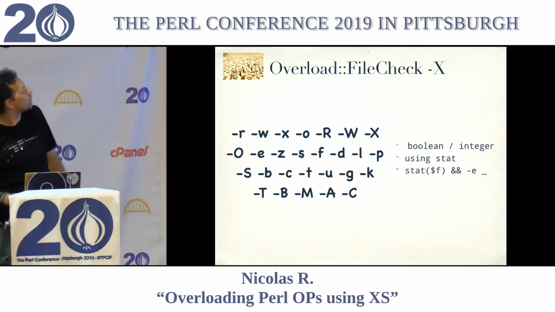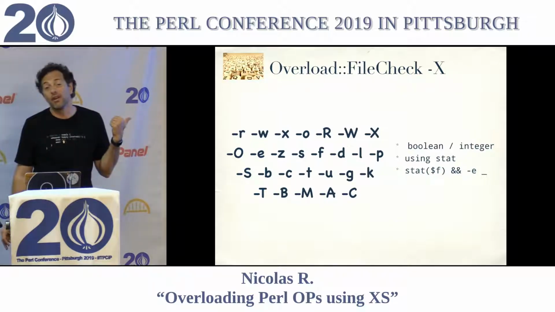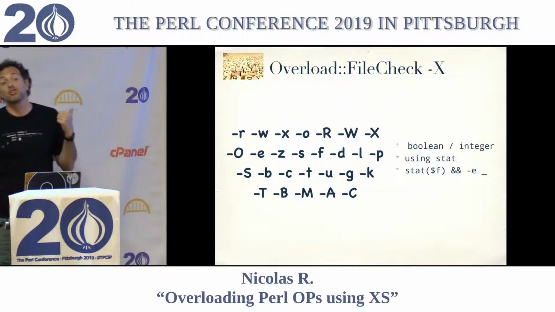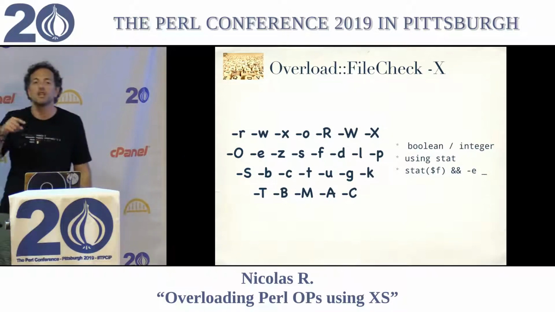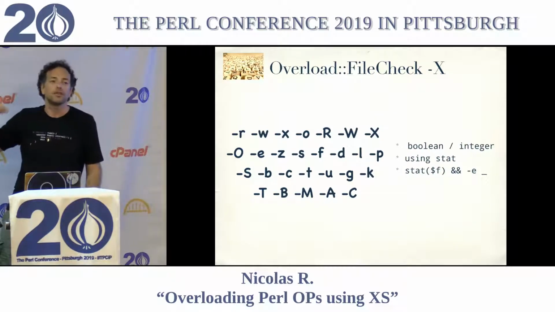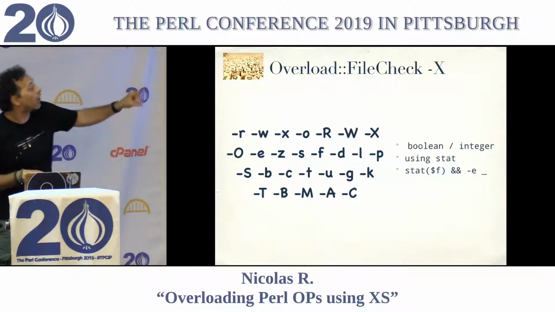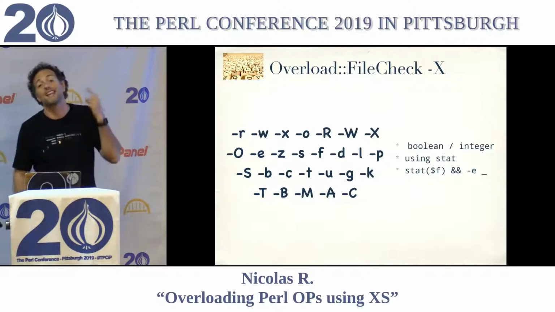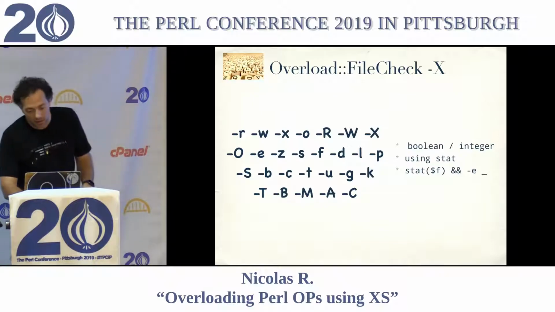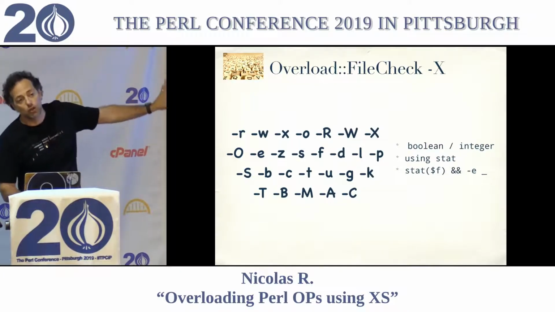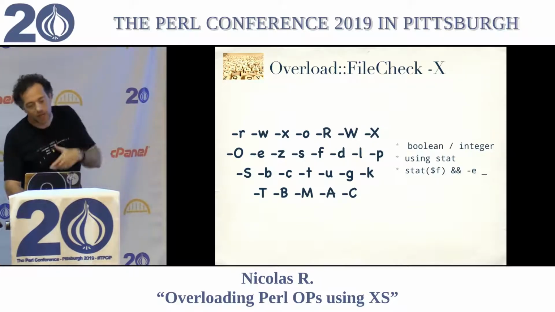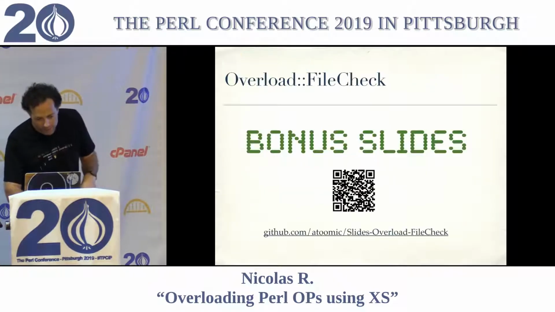So you need different types of mocking for all of them. The other thing is that you have that underscore. It's usually good practice, when you do -e and -d on the same file, rather than reusing the same name, to use underscore, which avoids an extra stat call. So we'll also need to support that. The basic code I show you is not supporting that. The final code on CPAN is doing that.